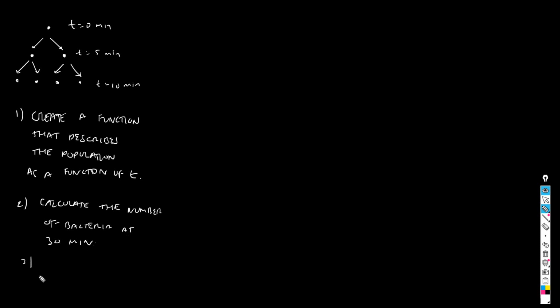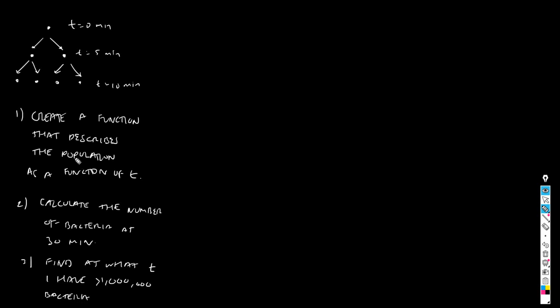And number 3, I'm going to find at what time I have a population of 1 million bacteria or more. Okay, so we can write that in this way: I have a population greater than 1 million bacteria. So that's the three things I'm going to find.